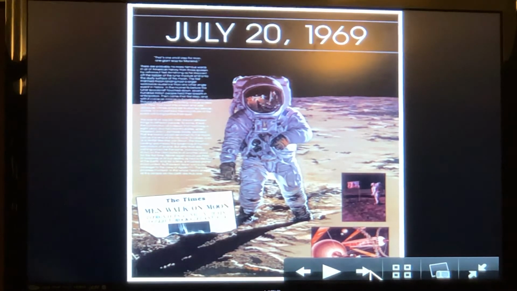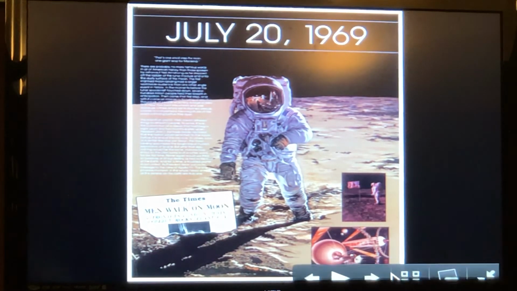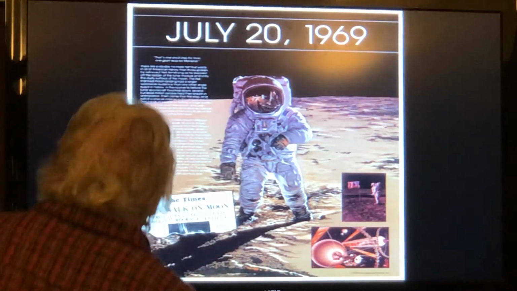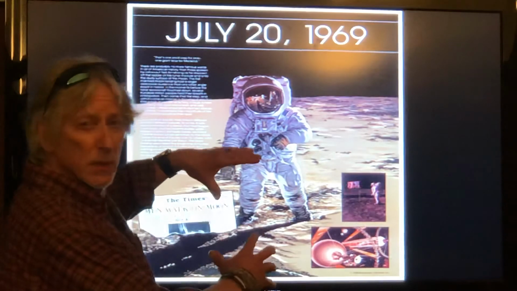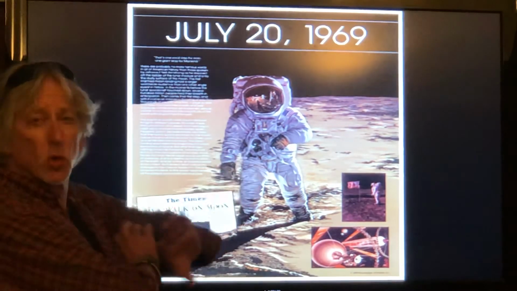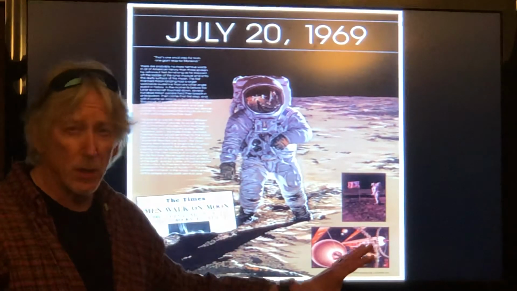Landing, yes. It's beyond silly to say it was a hoax, or beyond ignorant. Let me just say here that because of a lack of atmosphere, when sunlight comes in, it's not being blocked. It's incredibly bright.